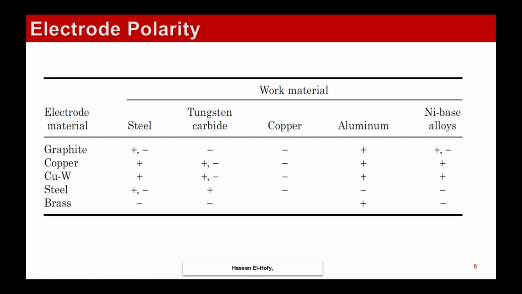So depending on the electrode material and workpiece material, we can have a proper combination of the electrode polarity. For example, for a workpiece material of copper, the electrode, irrespective of the electrode material, should be negative.